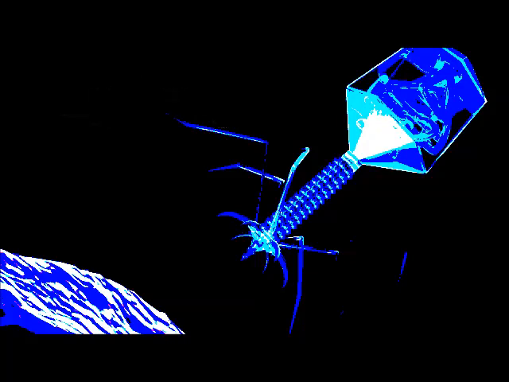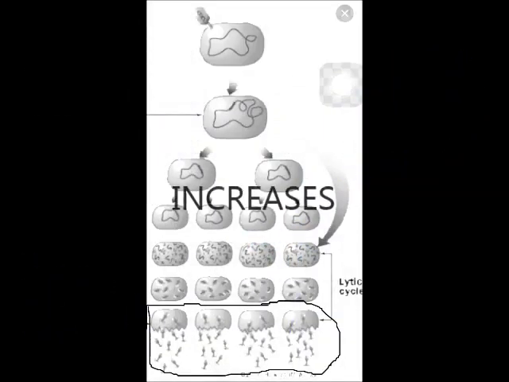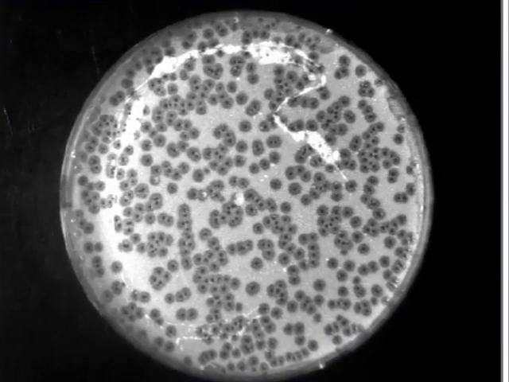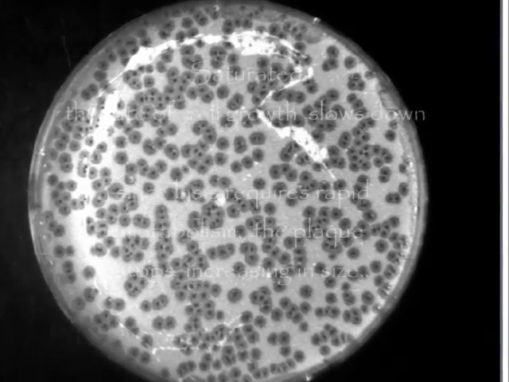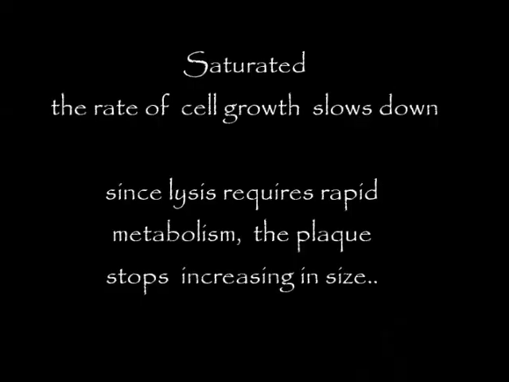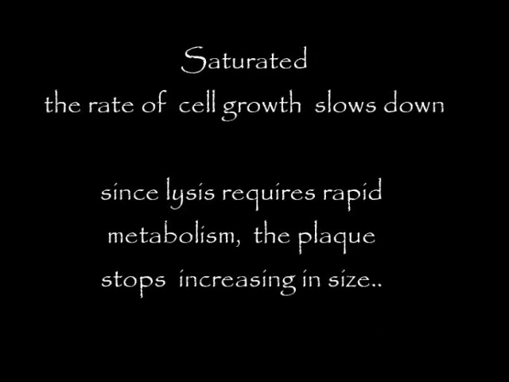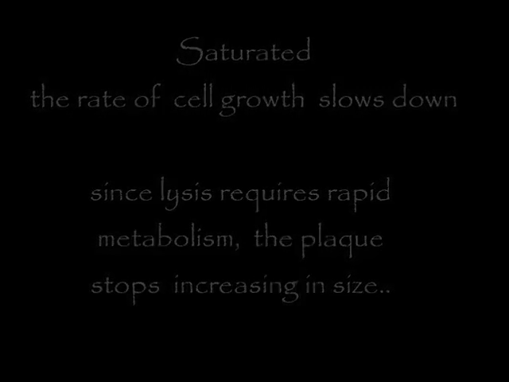After several lytic cycles, the local MOI increases and most of the cells are lysed, producing a plaque in the lawn of cells. As the cell lawn becomes saturated, the rate of cell growth slows down, and since lysis requires rapid metabolism, the plaque stops increasing in size.